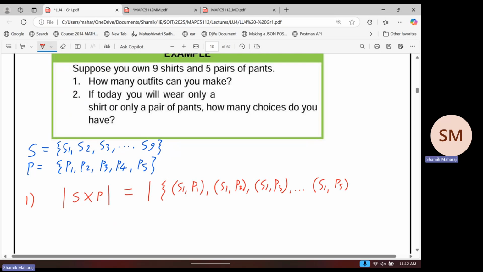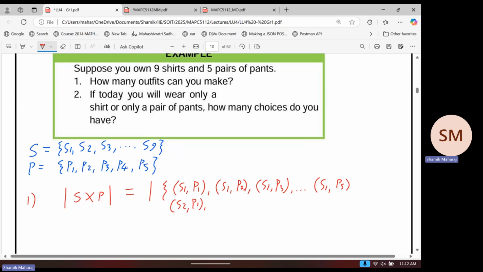The second line involves the second element from set 1, which is S2. And then the same thing. We'll just take every element from this set and combine it with S2. So that will be S2 with P1, S2 with P2, S2 with P3, and so on up until S2 with P5.